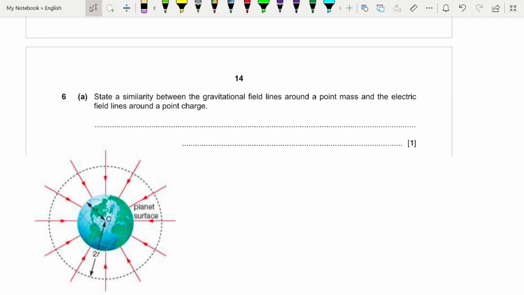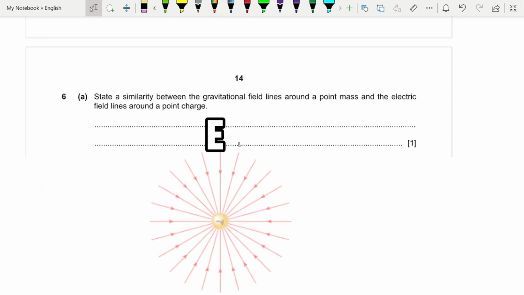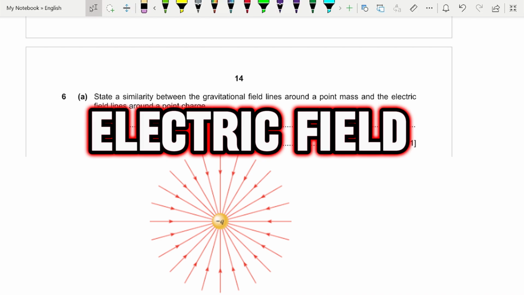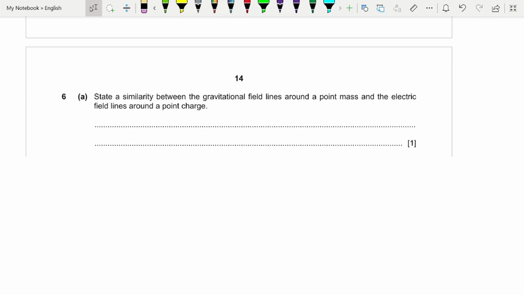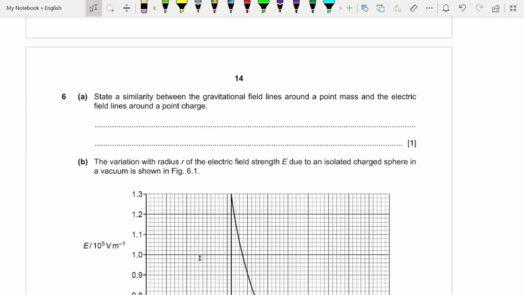And then a point charge has what you call an electric field around it. Why? If you place a positive charge, it's going to experience a force, repulsive or attractive, a force regardless. As it's experiencing a force, it implies that it also has an electric field. One of the similarities between these two is that both have radial field lines.